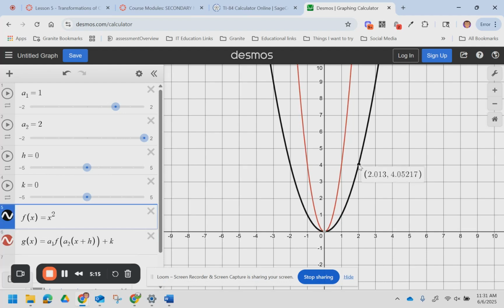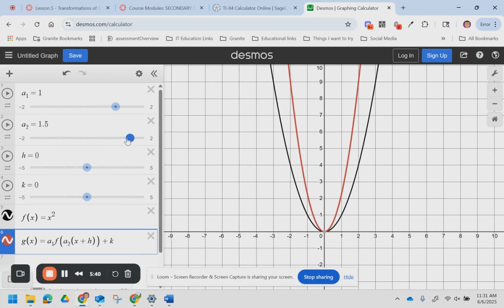Out here, where x was 2, this is at 1. Out here, where x is 3, that's at 1.5. So by multiplying the inputs by 2, that has decreased it horizontally by 1/2.